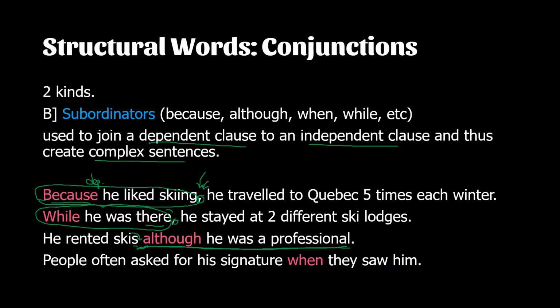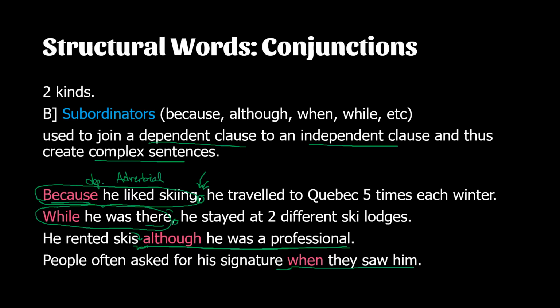People often asked for his signature when they saw him. Again, signature when. My when blends together. I do not have a pause. This dependent clause comes after. One thing about subordinating conjunctions is they definitely introduce dependent clauses, but these dependent clauses all have an adverbial function.